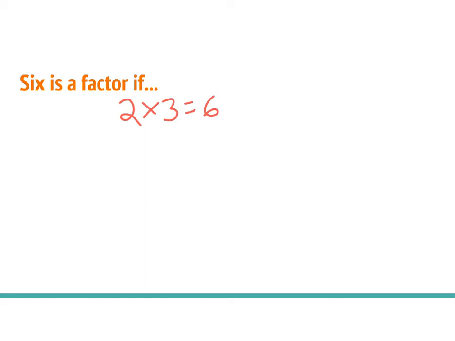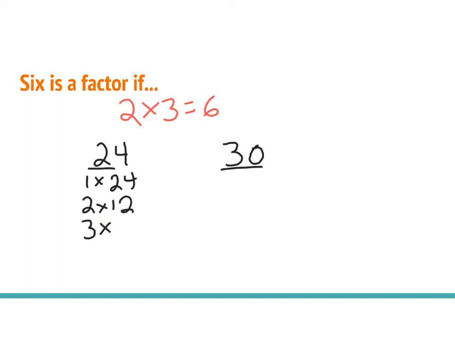Okay, just to show you, I'm going to pick 2 numbers that I know will have 6 as a factor. We know that 24 is going to have 6 as a factor, and we also know that 30, these 2 are consecutive right here. So let's go 24 and 30. So 1 times 24, 2 times 12, and then 3 times 8.